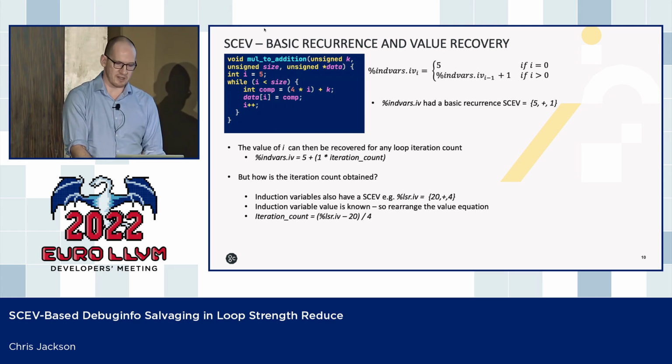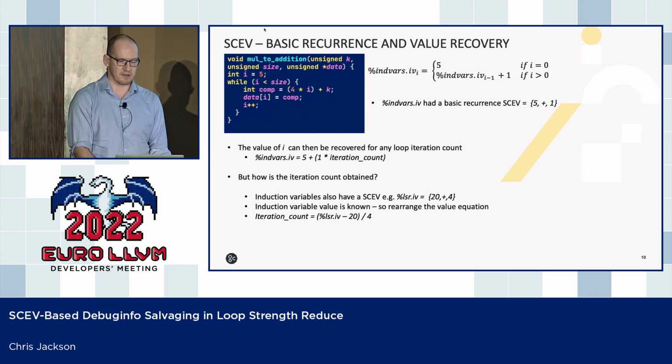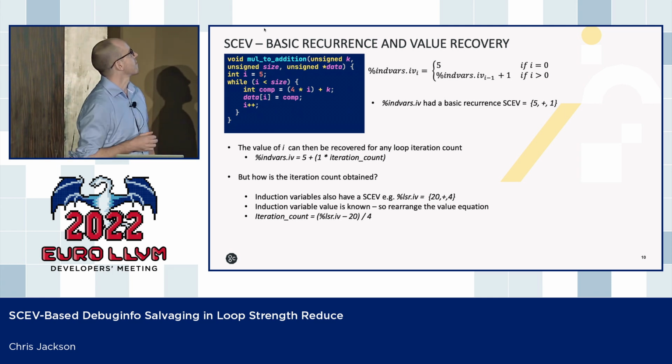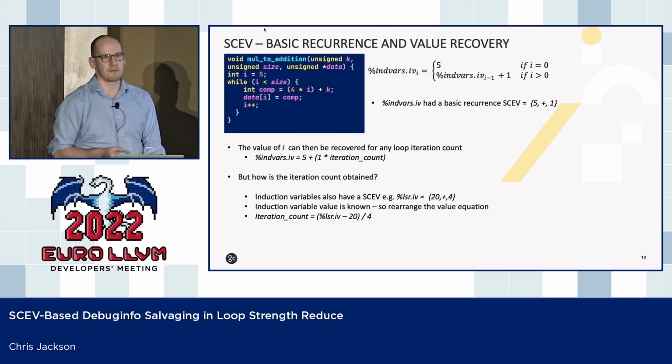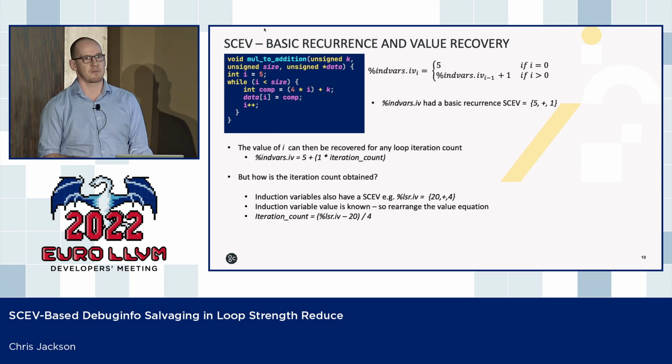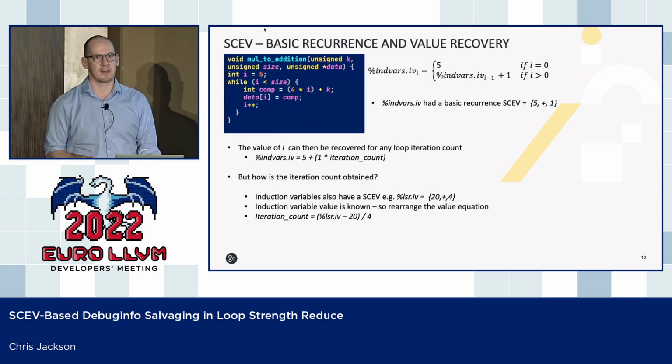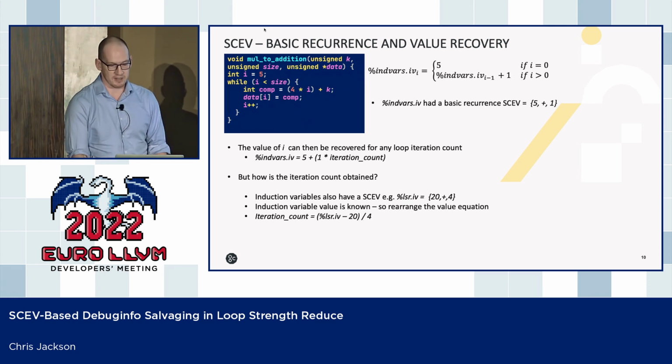It's only important to know that using SCEVs, we can derive the iteration count and then recover the value of a location. So the value is recovered using the iteration count expression. In the example there, for invars.iv, if we know the start value, which is 5, and we know the stride value, the delta per iteration, then we can recover the value at any given iteration of the loop.